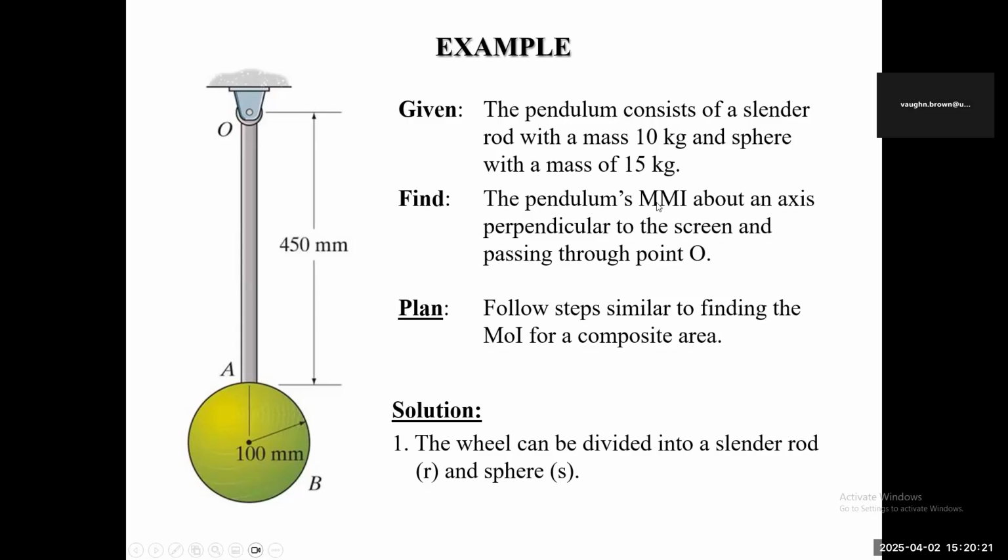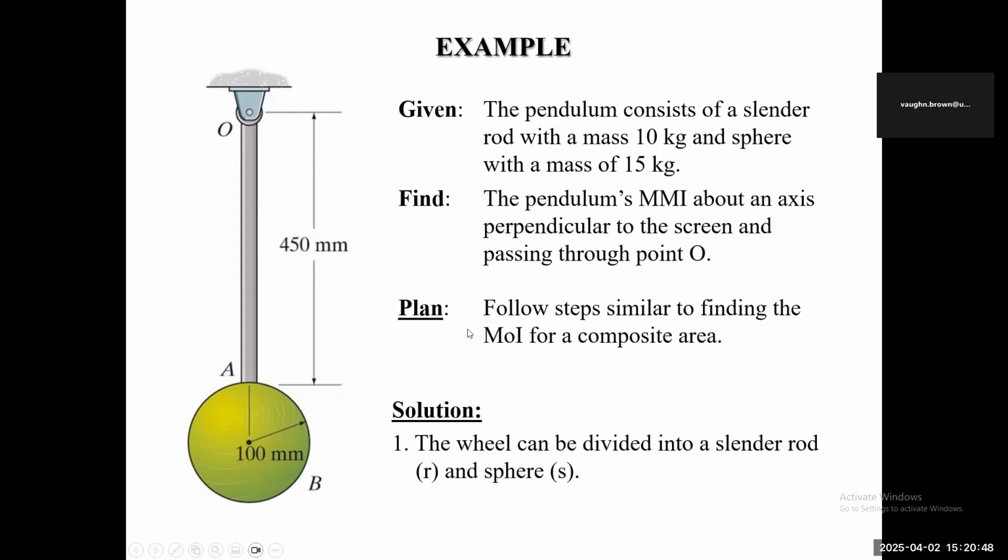We want the pendulum's mass moment of inertia about an axis perpendicular to the screen. You're looking at the paper, there's a line perpendicular to it, to the screen, and it passes through O. So it's perpendicular to us, and it's coming through the point O up top there.